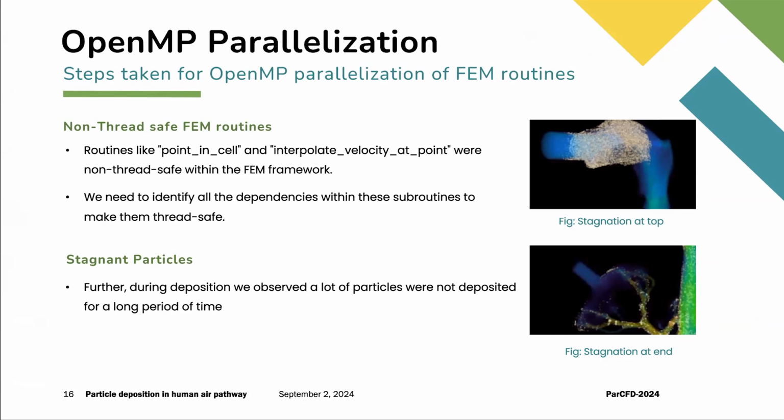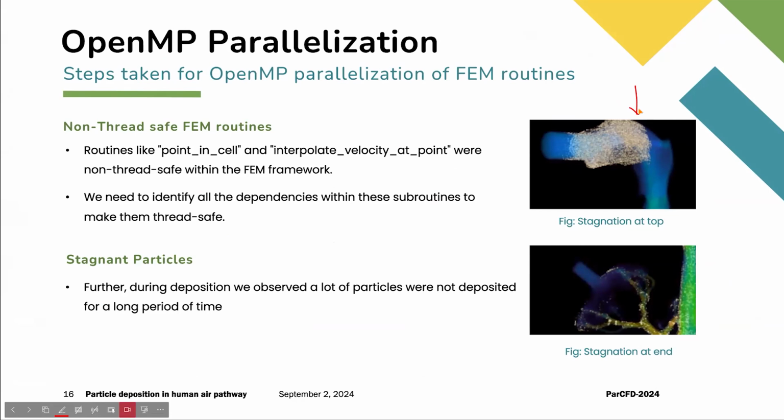And what we observed was that, since the computations were very expensive, a lot of particles were stagnant. If you look at the velocity at the top region of the flow, there is a low pressure region, so the particles get thrown off over there. But due to inertia, they stay there for a longer period of time, while most of the particles exit the domain.